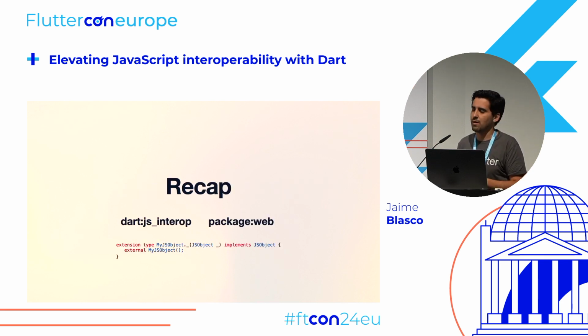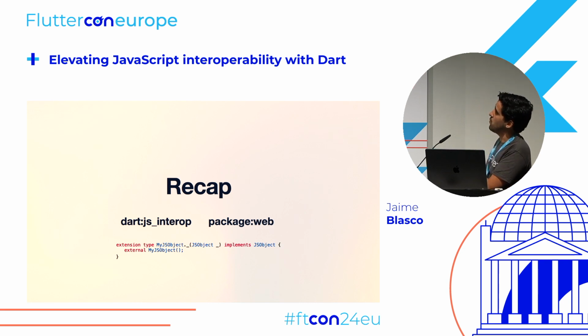Just to recap, the main concept I want you to remember today is that we have these two new libraries. There is direct JavaScript interoperability, which allows you to create the interface of a JavaScript library in our Dart app, and then package:web, which does the same, but with all the browser APIs already available for you.